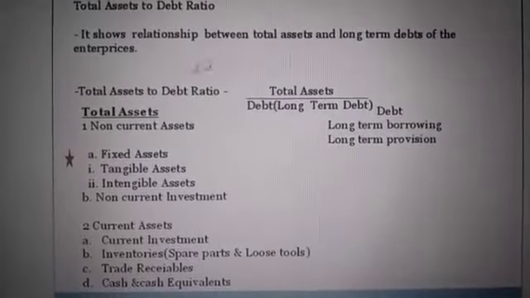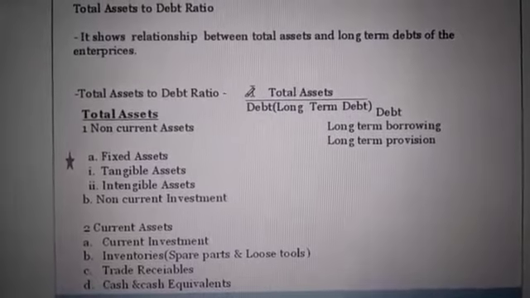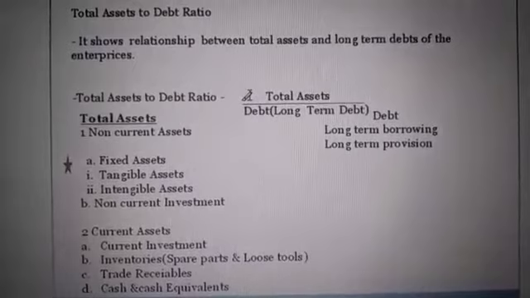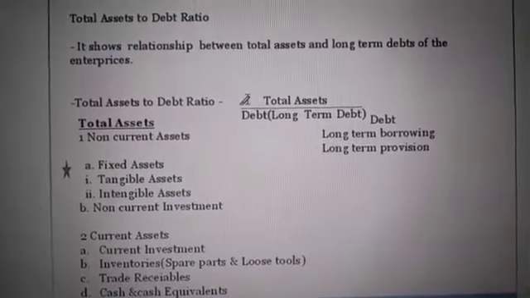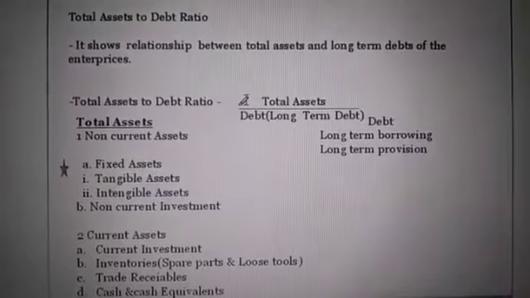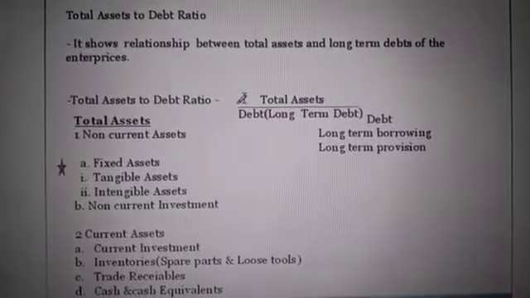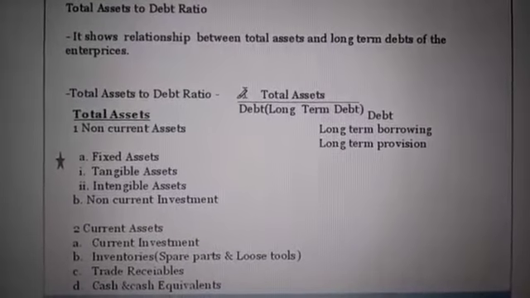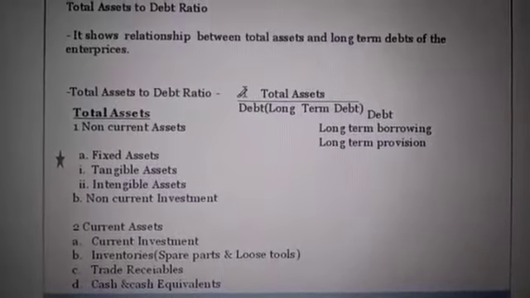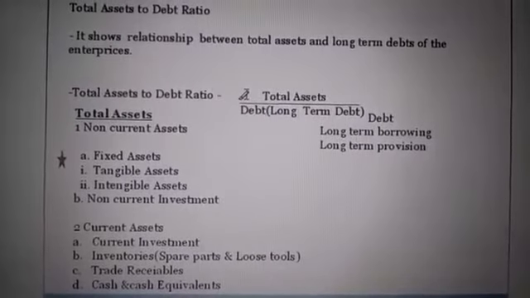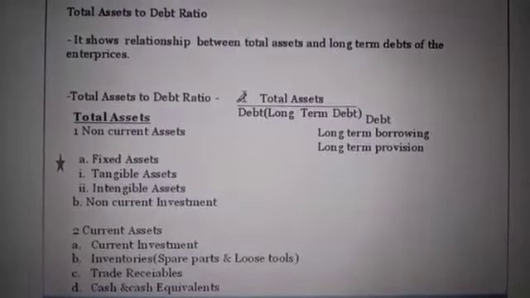It is for finding the long-term position of the financial business. Okay, so read it from your book also. The same thing is given in your book. So today is only the theory lecture. Do the practice questions of debt equity ratio. Now we will go through the total asset to debt ratio from our next part.